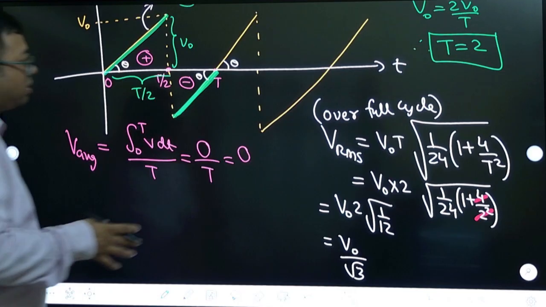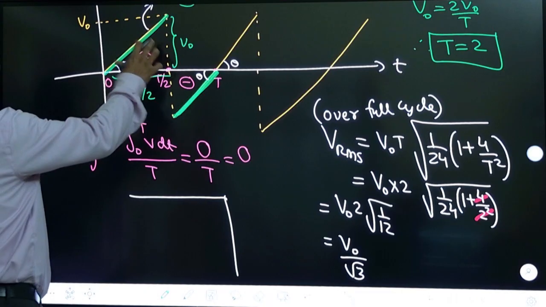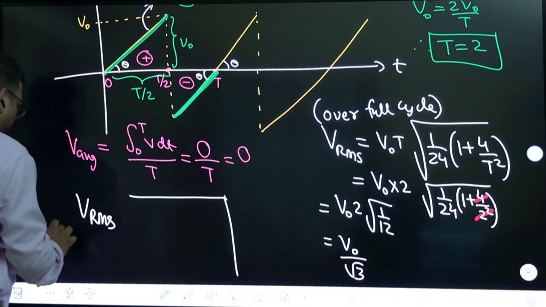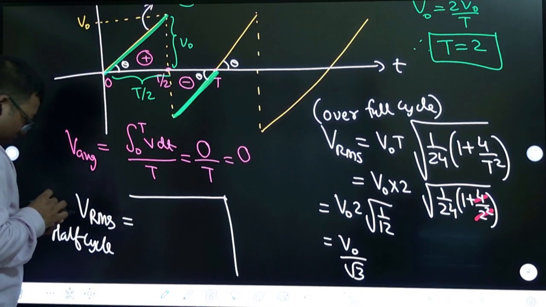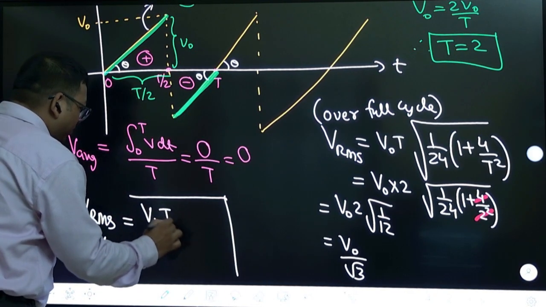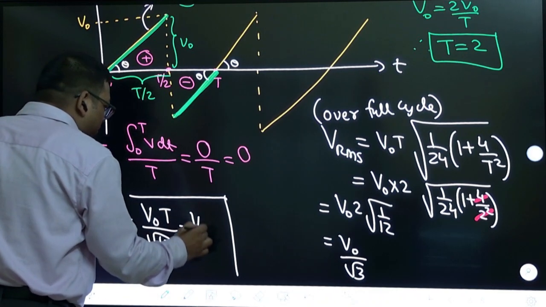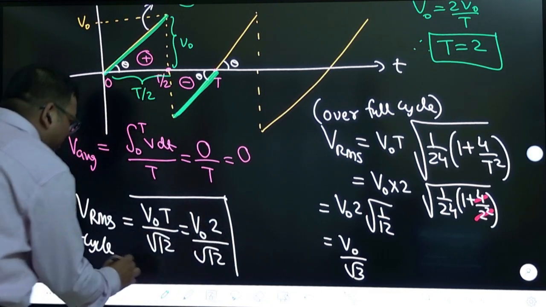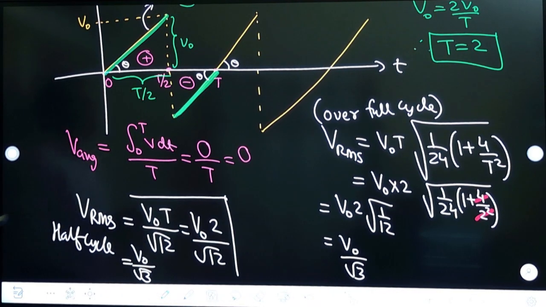Yes. Now tell me, for half cycle we have also calculated. What was the RMS for the half cycle? This was V naught t by root 12. Now you substitute 2 here. Are we getting the same answer?